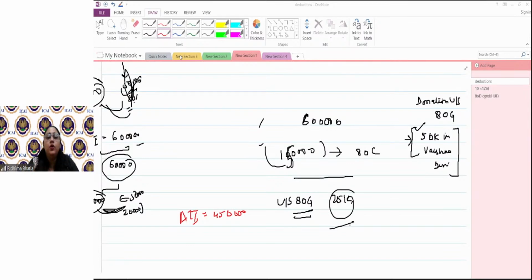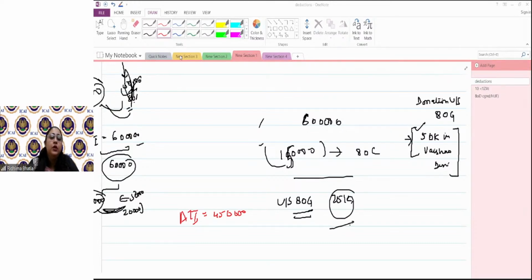Maximum interest 50,000, only to an individual. No HUF is coming here. 80EEA is only for an individual. Loan to be taken from 1st April 2019 to 31st March 2022 for the acquisition of residential property. Both are for people who do not have any house at the time of sanctioning of the loan. But the interest here is 1,50,000.